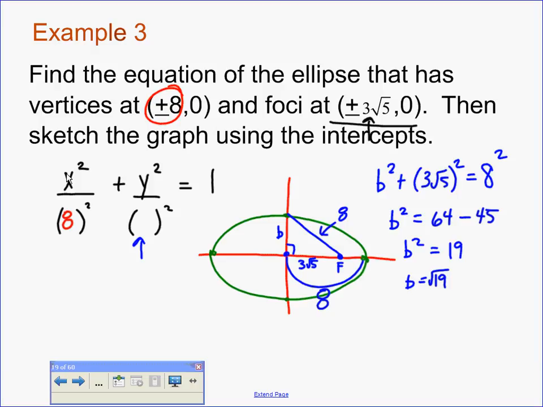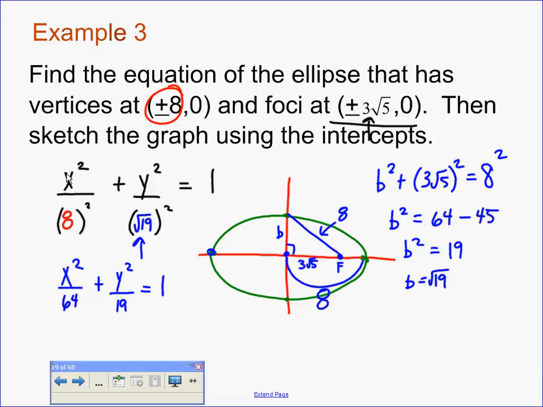Okay, and so now I can use that to finish out my equation. If B is not square root of 19, then this is going to be square root of 19 here. And then I can leave my equation in this form, or I can change it to x squared over 64 plus y squared over 19 is equal to 1.